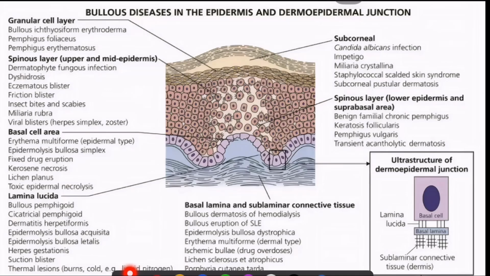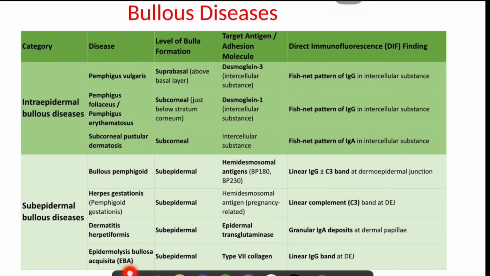So these are the bullous diseases in the epidermis and epidermal junction according to the site of bulla. So we have discussed the classification of intraepidermal and subepidermal bullous lesions according to the level of bulla.